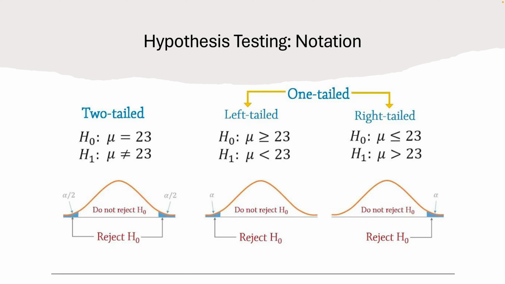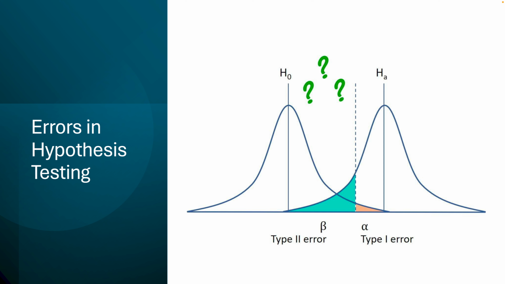When we do the hypothesis testing, since we are using the sample to look for the evidence for the proposition about the population parameter, there are two types of risks involved, or the errors that may occur.